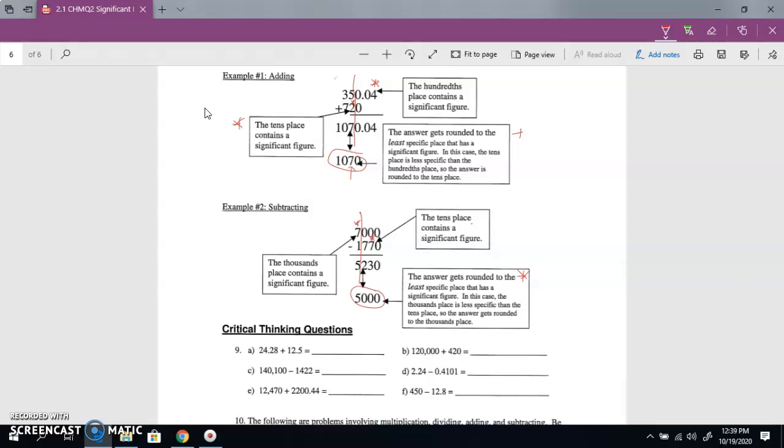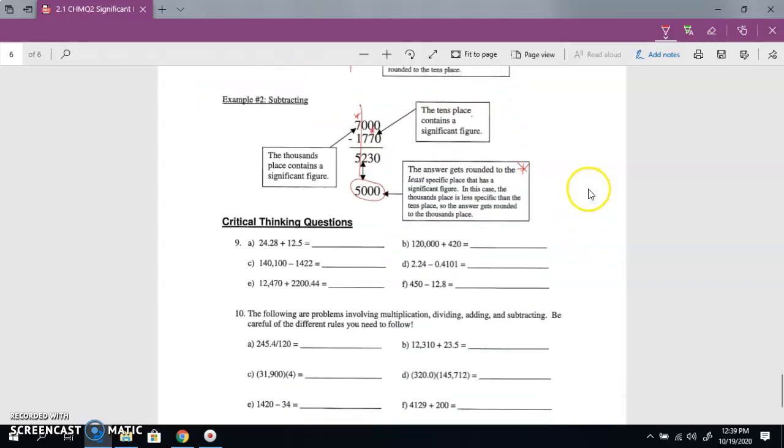Your job is going to be to complete questions 9 and 10 here, but I want to point something out. In question 9, you have a mixture of addition and subtraction problems. What you need to do is rewrite those so that the placeholder values are all lined up. I'm going to do this for A and B. For A, it's 24.28, and then it's plus 12.5.